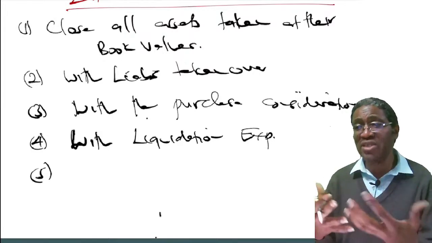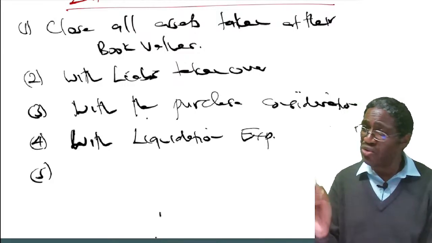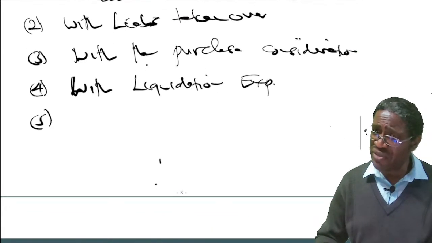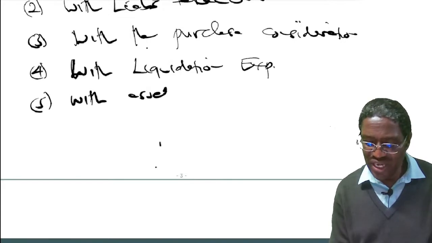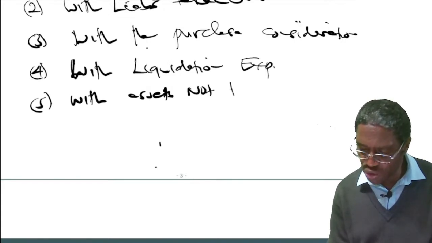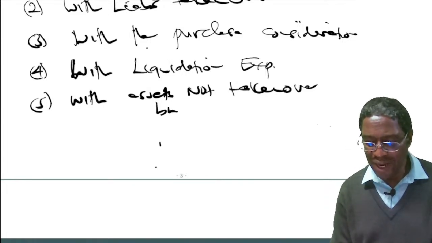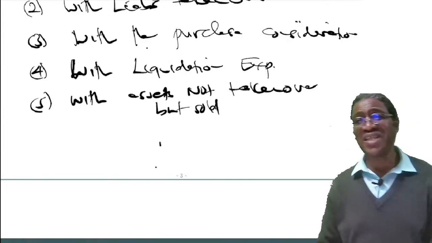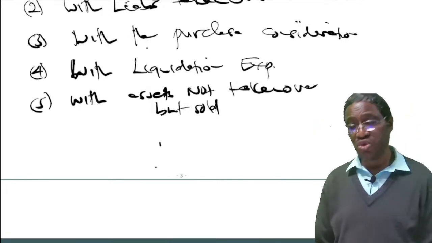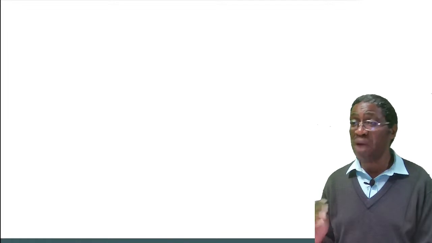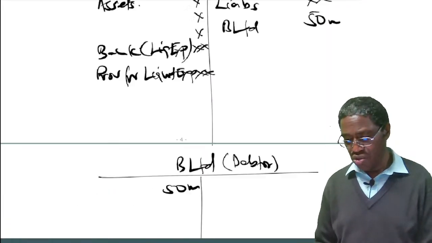You may decide to sell it on your own. You get somebody to sell to and you sell. So that's our step number 5, which says with any assets not taken over, but sold by the selling company, what do you do? You will debit bank. Remember, you as company A are selling your asset.